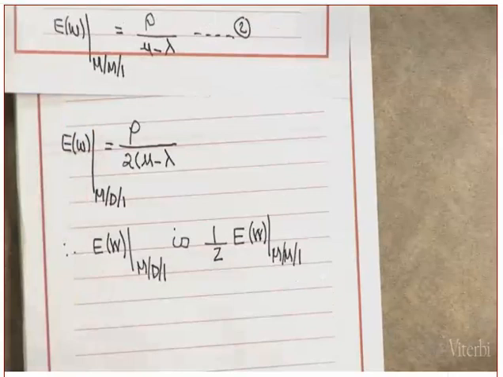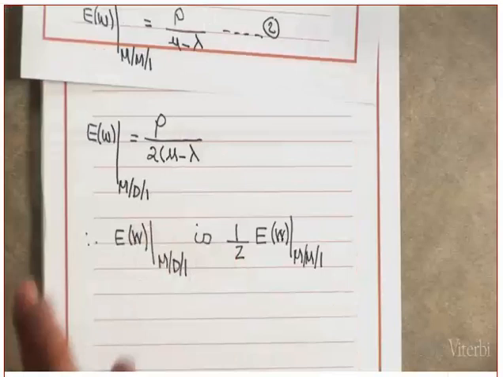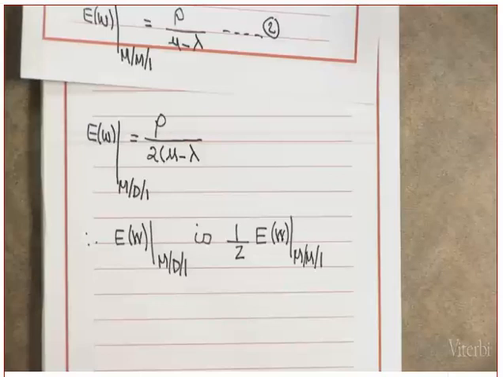This server is exponential, which means the service time has parameter mu equal to 2. Clear? This one is exponential with parameter mu equal to 3.